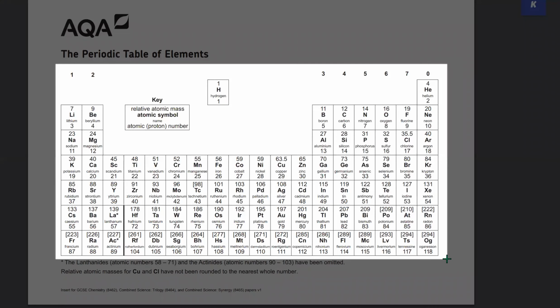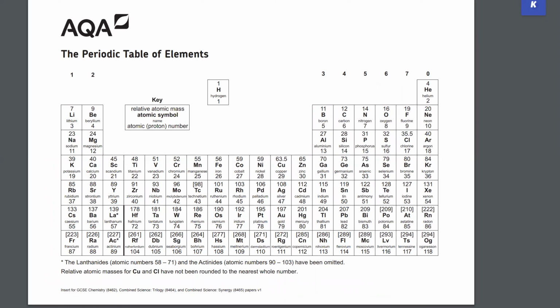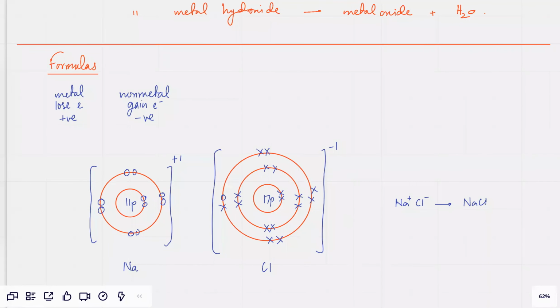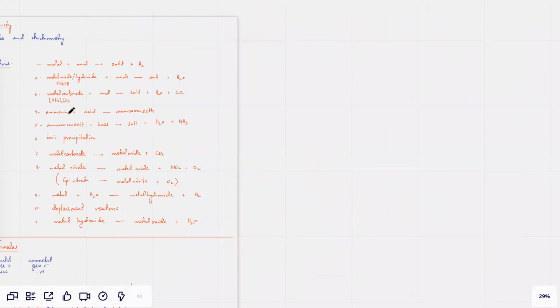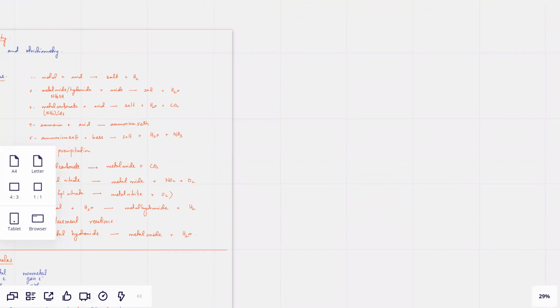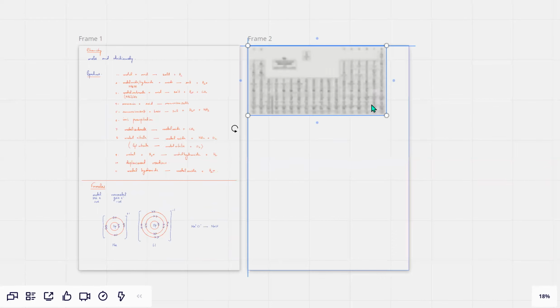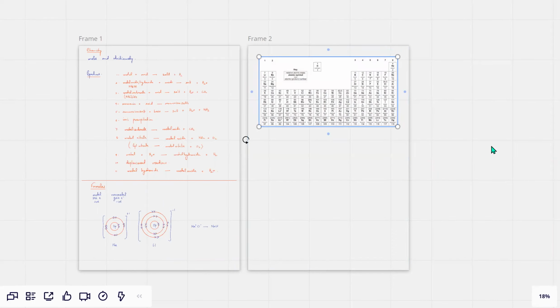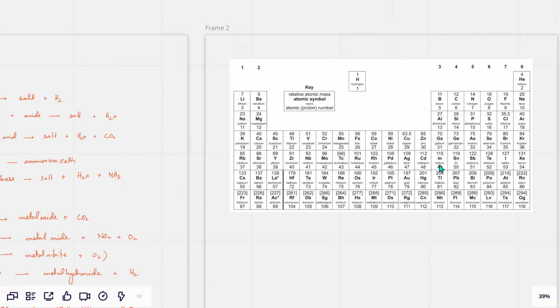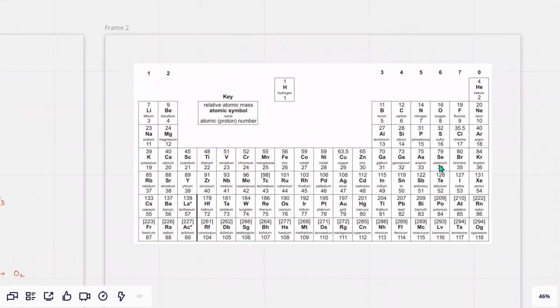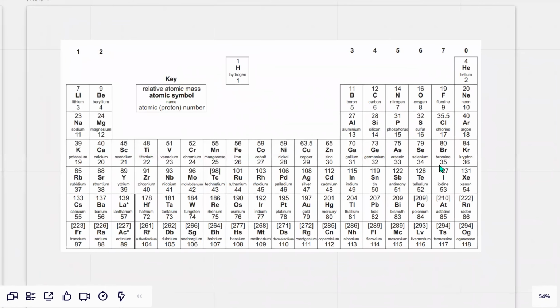So here's our periodic table. I'm just going to copy this, paste this over there, and let me add a page. So here's the periodic table. Now the question was, what is the trend? Metals are on the left side.